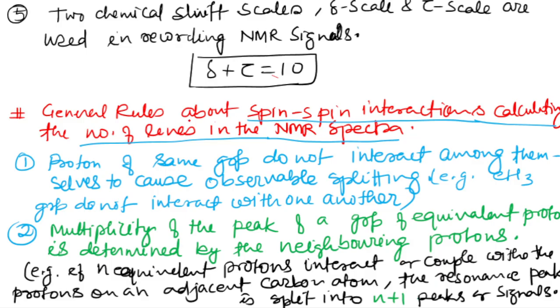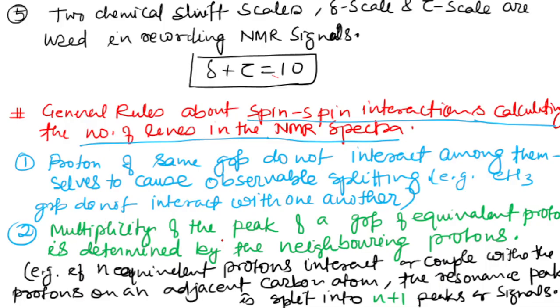Now let's discuss the general rules about spin-spin interaction and calculating the number of lines in the NMR spectrum. Protons of the same group do not interact among themselves to cause observable splitting. For example, the methyl groups present in TMS do not interact with one another.